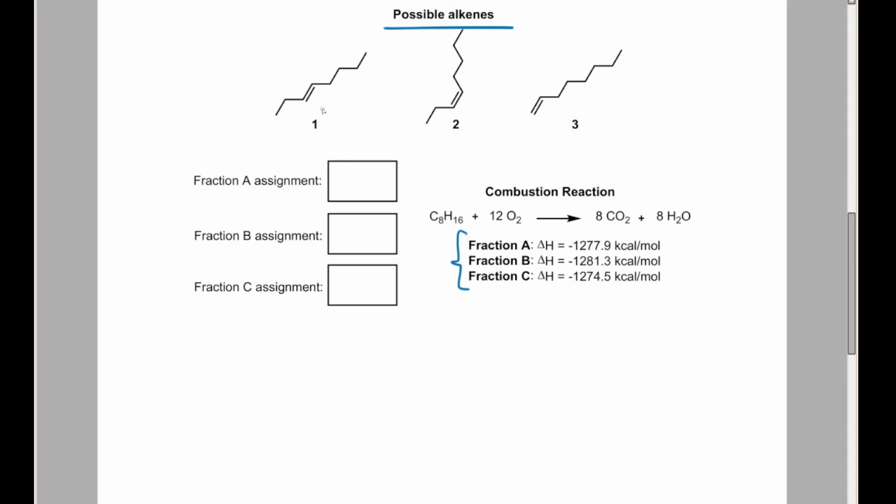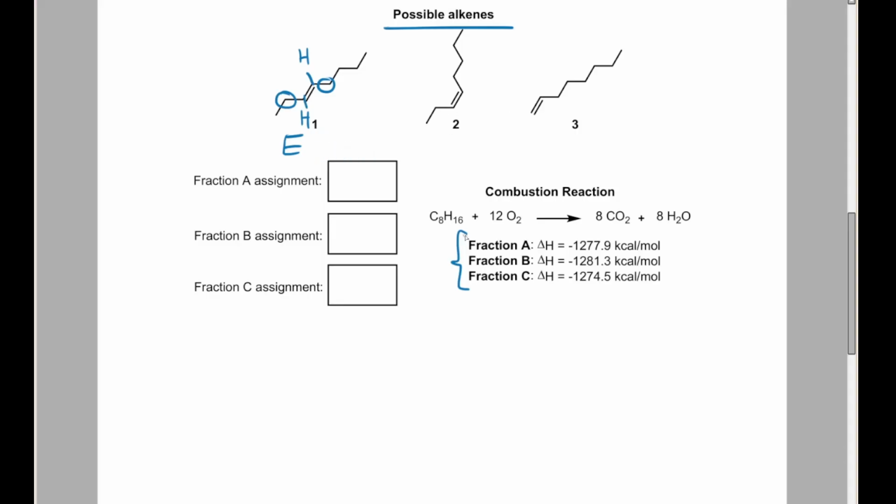In this first alkene, you can see that there are hydrogens that are just not drawn, but the higher priority groups are on opposite sides of this alkene. So this is going to be E configuration. And I'll just write trans.